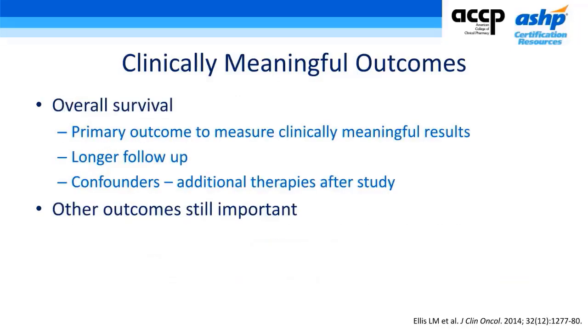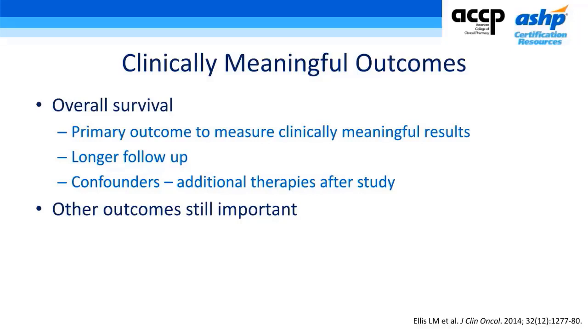So this work group determined that overall survival is the primary outcome to measure clinically meaningful results. Again, you do have a longer follow-up time with overall survival, but there really is less bias that can come into play when this is your primary outcome. There could be some confounders, so maybe potentially additional therapies after the study that you might need to consider, and hopefully the study team described that a bit in the methods section.